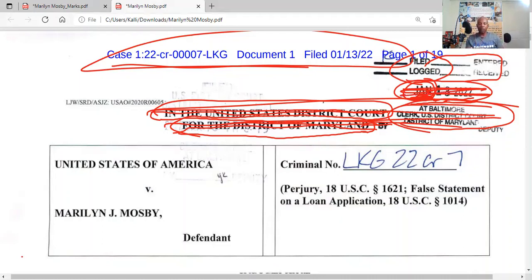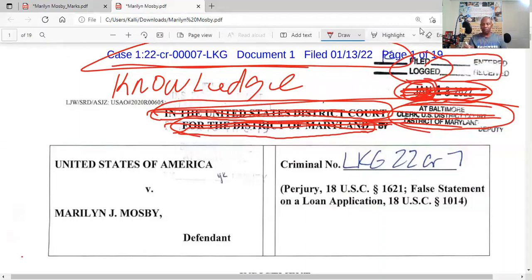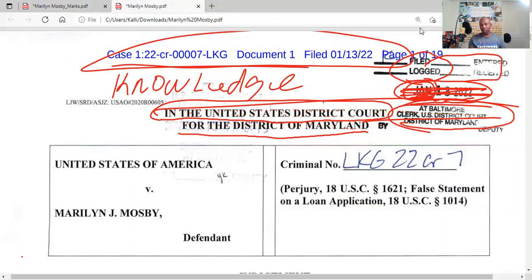So we have to void this for vagueness. The first rule of contract or filing a suit is knowledge. And I guarantee you that this attorney cannot tell us what each of these acronyms means or represents, so we have to void them.